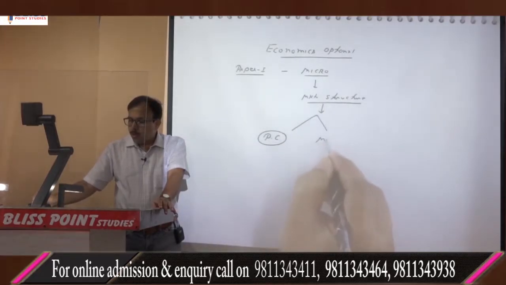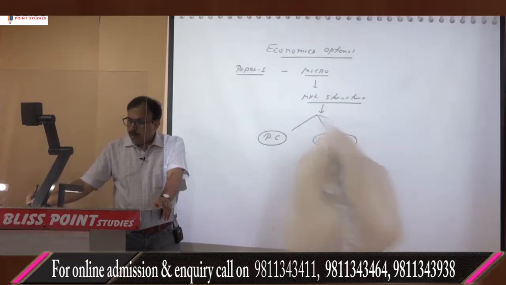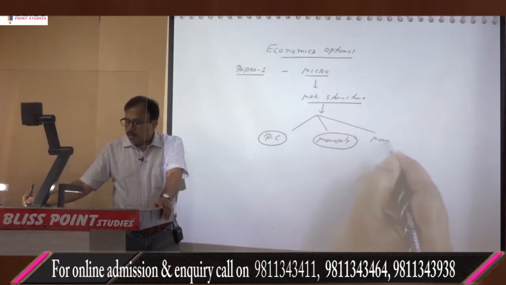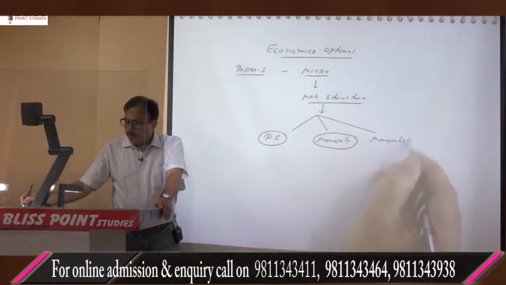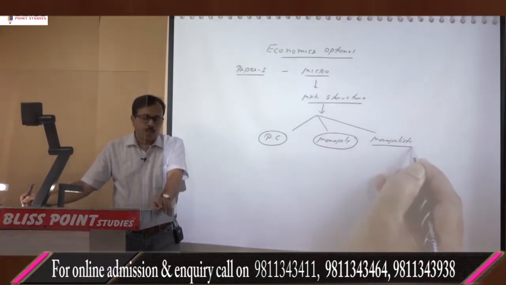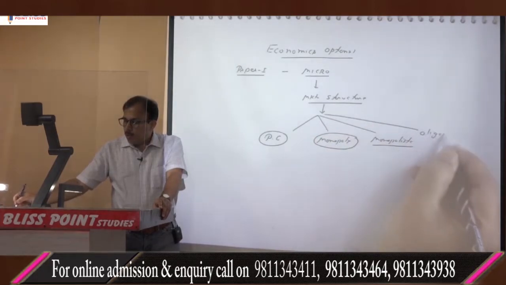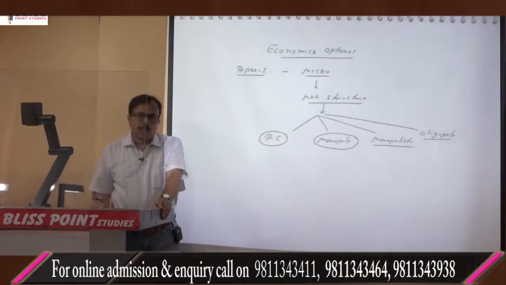The market could be a monopoly if it is characterized by the presence of only one seller. It could be monopolistic in nature if there are a large number of sellers producing a differentiated product, and it will be oligopoly in nature if there are few big sellers in the market.